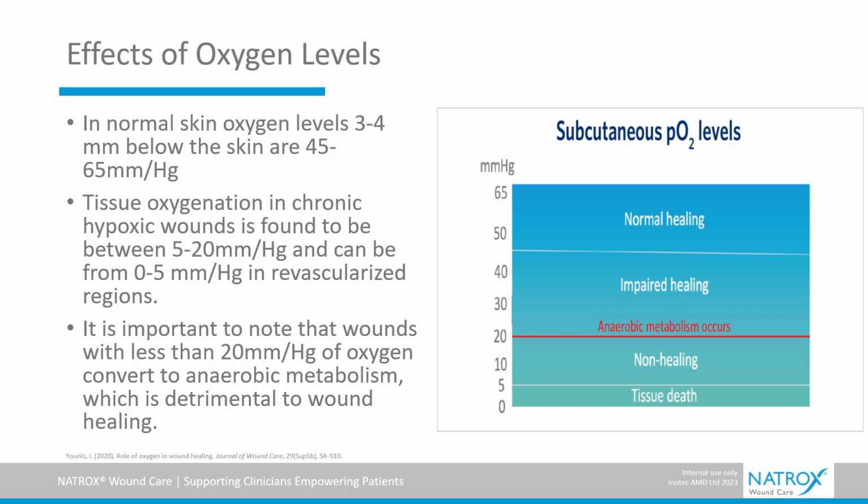In normal skin, oxygen levels 3 to 4 millimeters below the skin level are 45 to 65 millimeters of mercury. Tissue oxygenation in chronic hypoxic wounds is found to be between 5 and 20 millimeters of mercury and can be as low as 0 to 5 millimeters of mercury in revascularized regions.